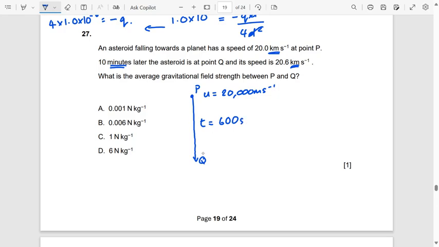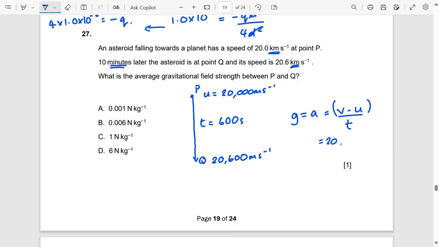So 10 minutes later, I arrive at Q, where it is 20,600 meters per second. What is the average gravitational field strength between P and Q? Well, we know that gravitational field strength is just an acceleration, so it really is, I promise you, as easy as that. So we're just trying to find the acceleration.